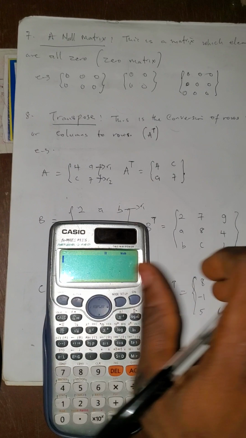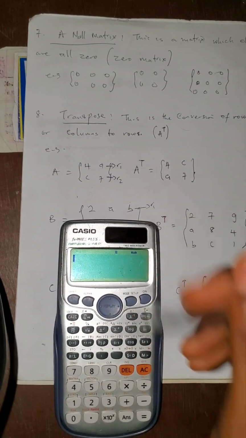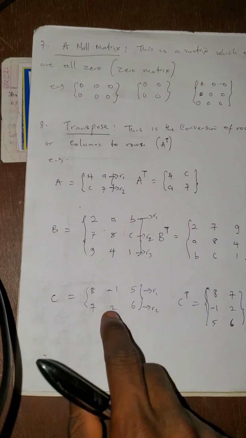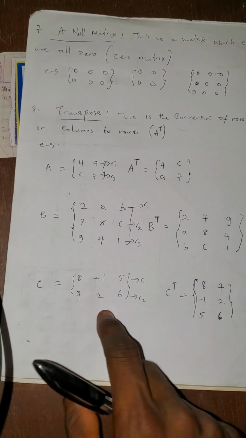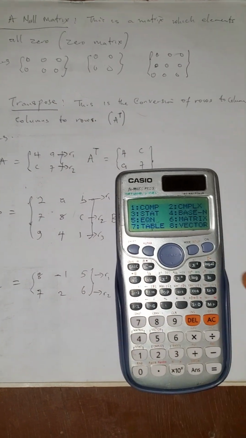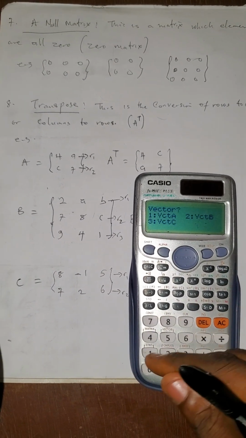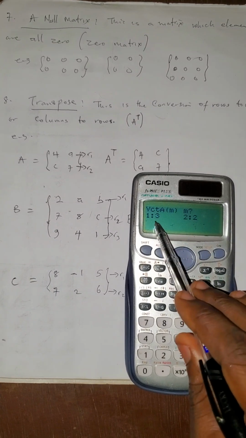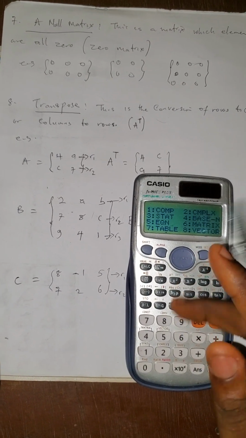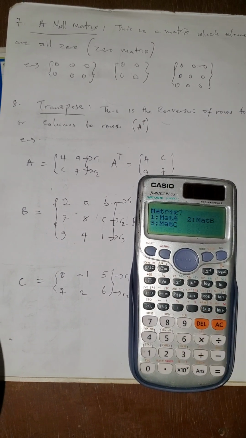Now if you want to do this on the calculator, let's deal with the one that has the numbers here. So if you press your mode, you go to matrix, that's number 6.